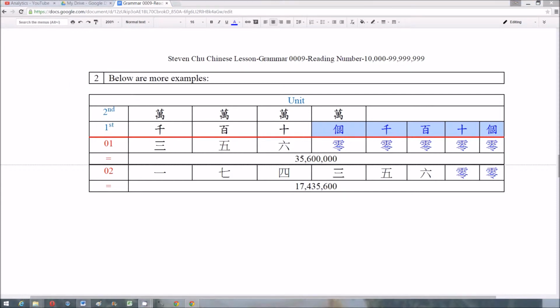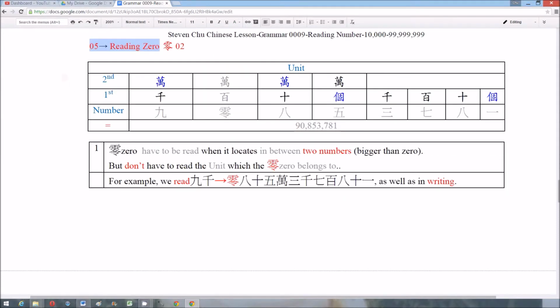Number 5. We have to read the 0 when it is in between two numbers, but we don't have to read the unit which the 0 belongs to. We use 90,853,781 as an example.